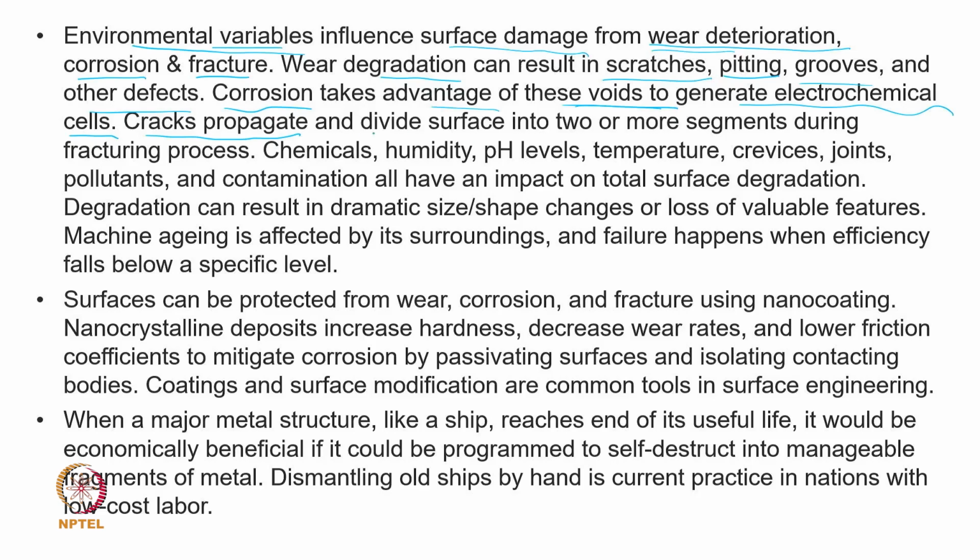Because of the fracture, this process will divide the surface into 2 or more segments, and that whole process is known as the fracturing process. So, wear, corrosion, fracture work in a sequential manner in this form. It may be slightly different, but I thought this is the best way to present how these are linked with each other, how they amplify each other, and what the real factors are.